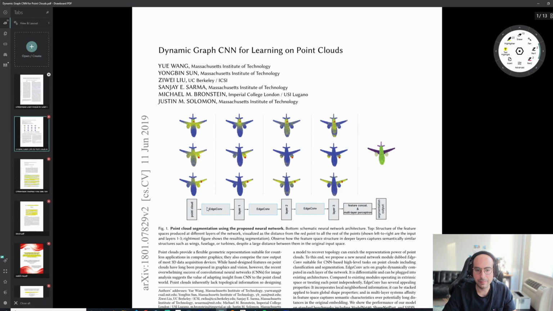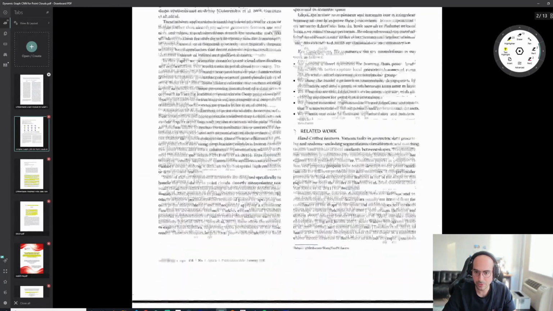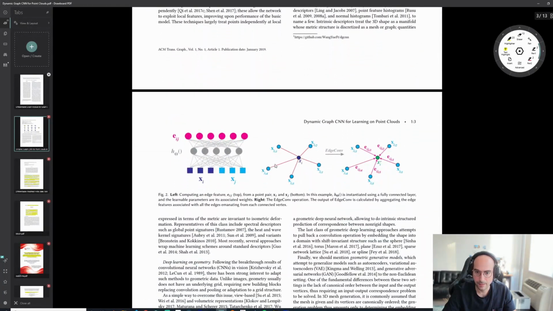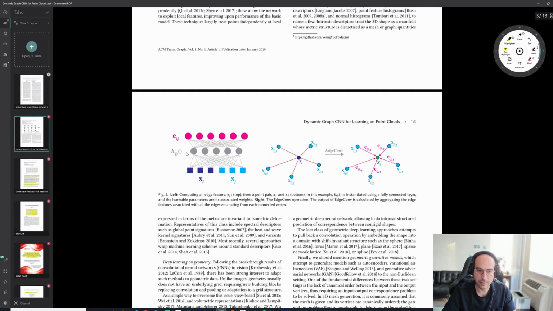And in the middle, we have these edge convolutional layers that aggregate local information for each point to figure out which class it should belong to. So let's talk about how that works. Typically we have this whole complicated neural network over here, where you're trying to compute features.